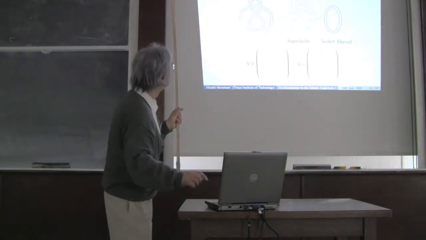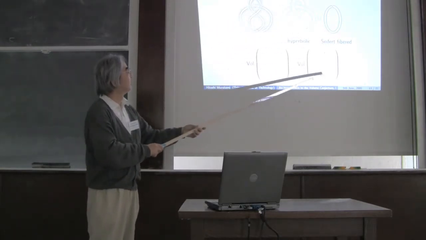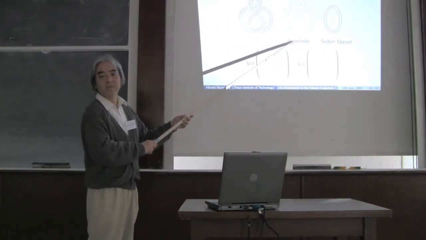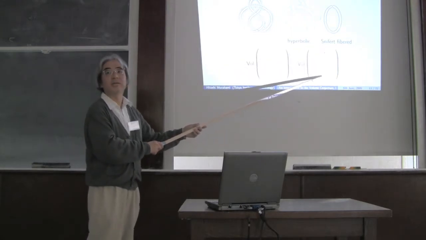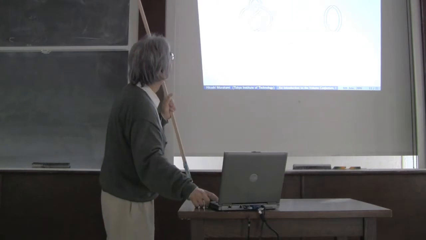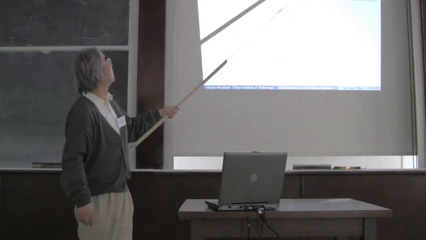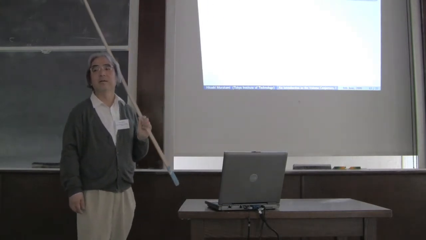So by definition, the volume of this knot complement is the volume of the hyperbolic piece, which is the same as the volume of the figure-eight knot complement. So this is the definition of our volume, and this is the statement of the volume conjecture.